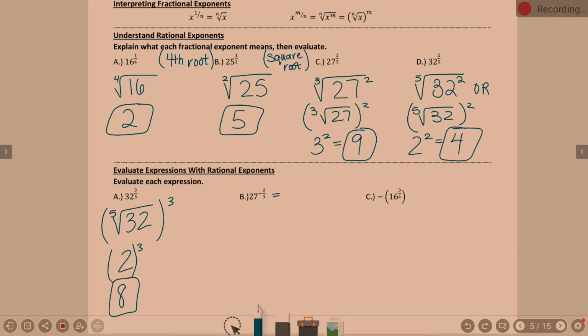The denominator. Does that sound familiar? I'm not going to work with a negative exponent. I need to get that negative off the exponent before I work with it. So I'm going to move 27 to the 2/3 to my denominator.